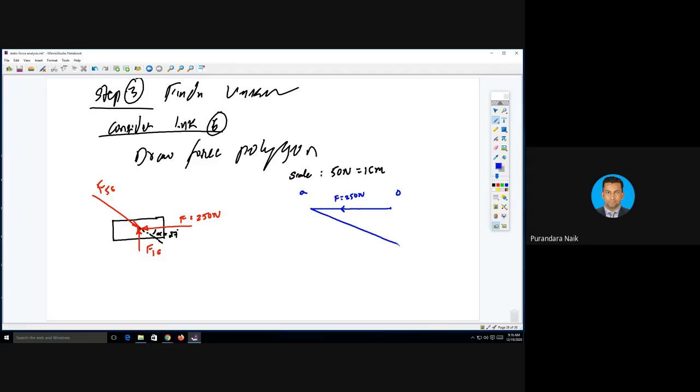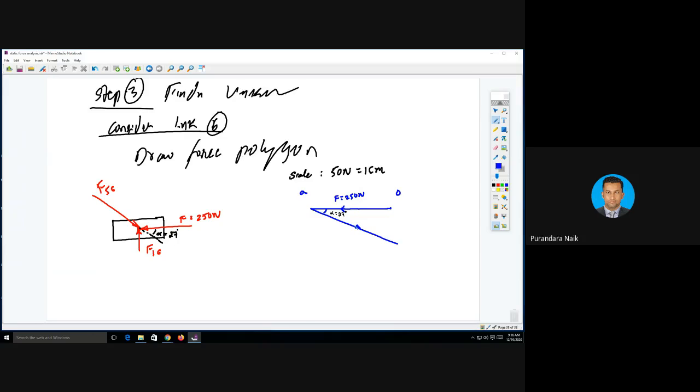See, this is 27 degree alpha. I don't know the length, because it is unknown magnitude, but direction is known. That's why I've taken 27 degree.